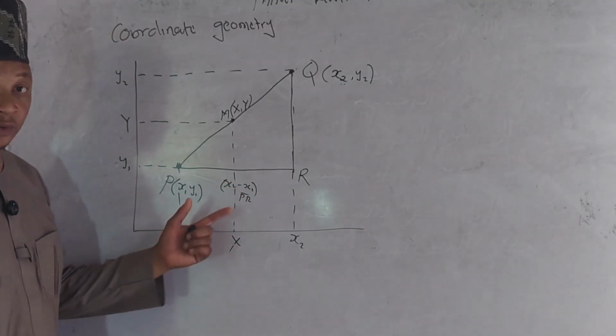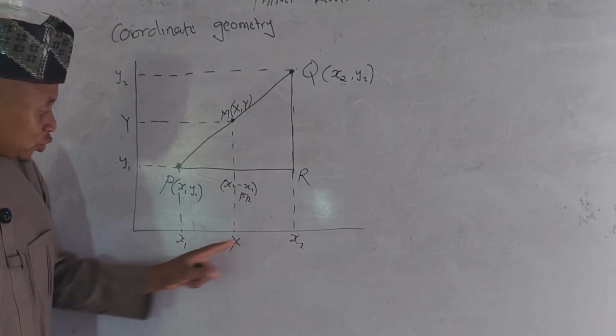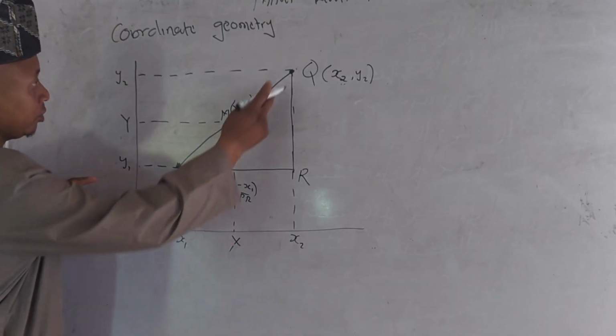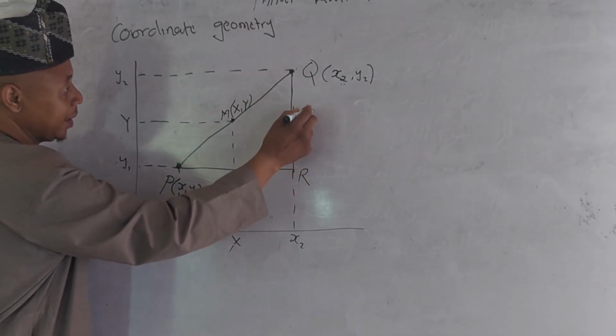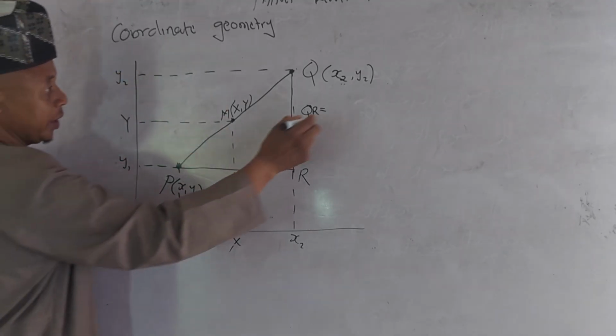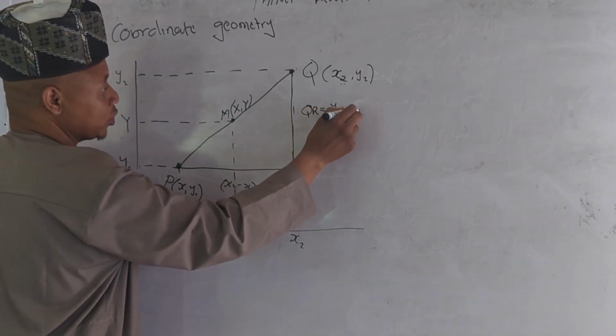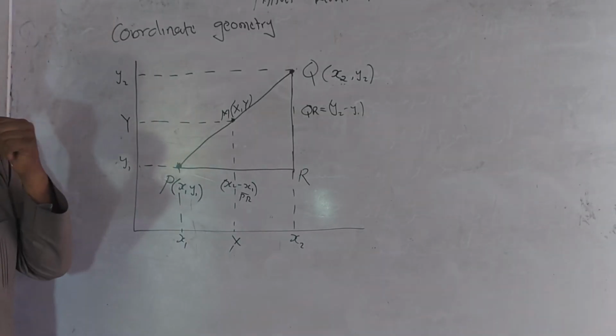Initially we discussed this in our last class. And this line QR is the difference between these 2 points, y2 and y1. We say it is y2 minus y1 as line QR.